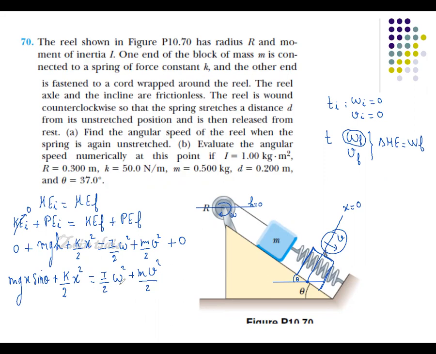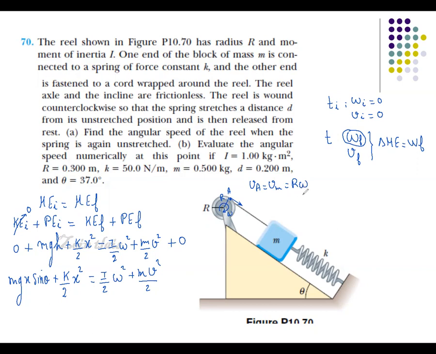I need to calculate omega. Look here. The cord is attached to the point A. If we rotate the disk, here we have the velocity of the point A. As the cord is attached to the point A, we can say VA equals to V of the block, and VA equals to R times omega.